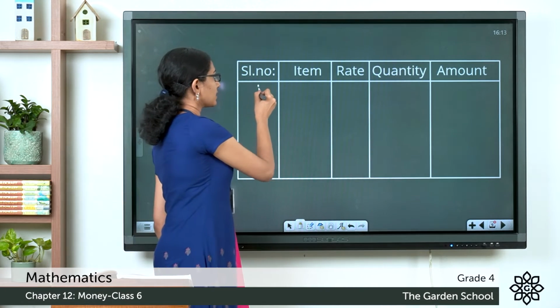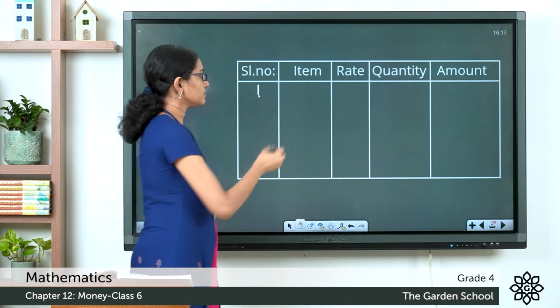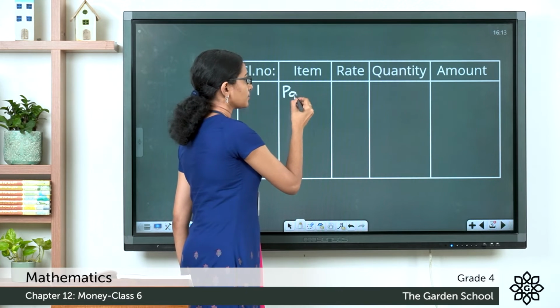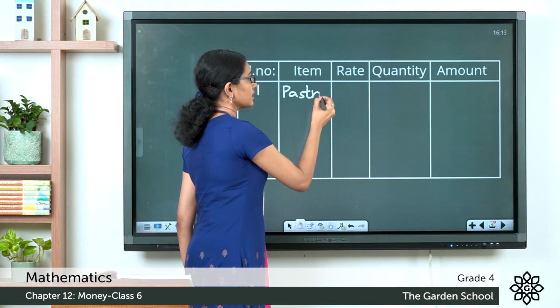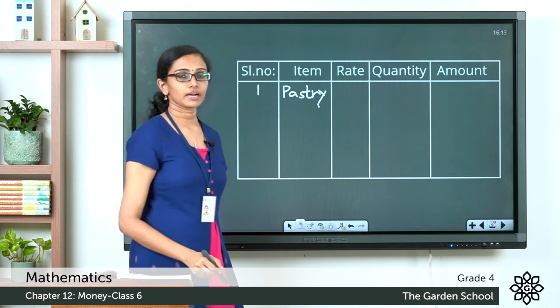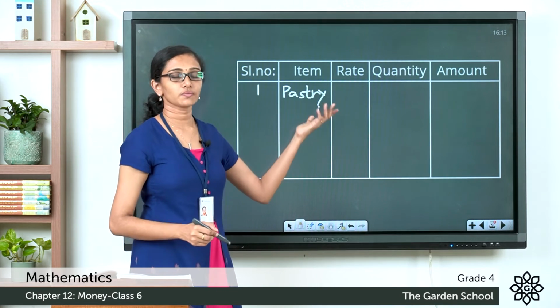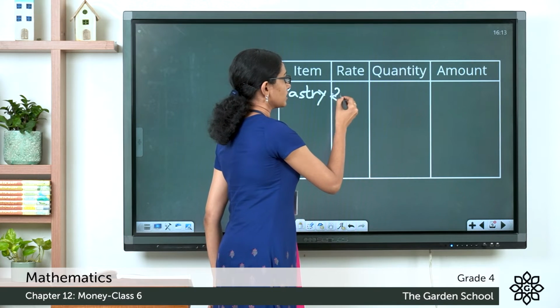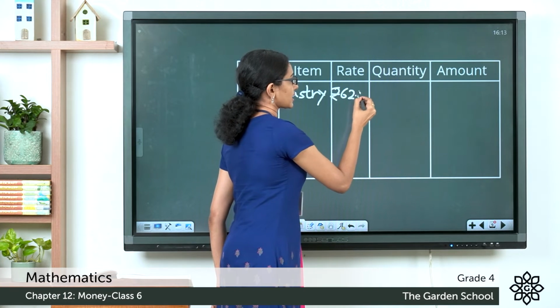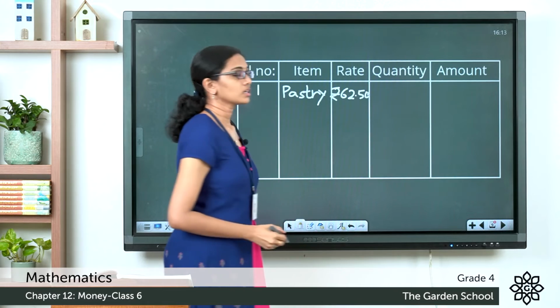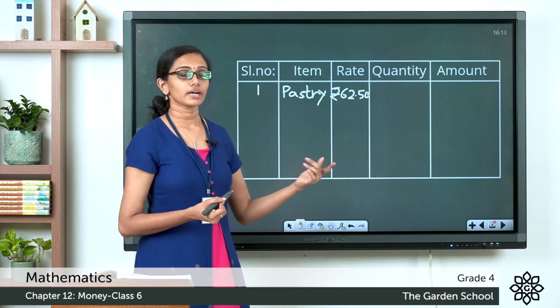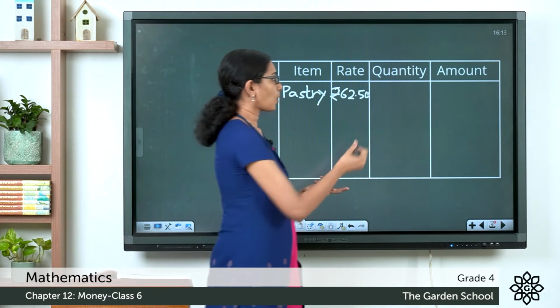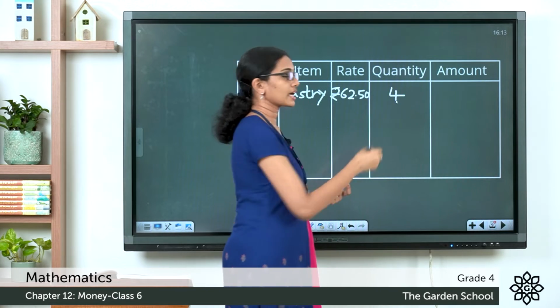So let's put the serial number 1, then the name of the item, pastry, then the rate per item, or the cost of 1 unit of that item, and it is given here as 62 rupee 50 paise. So let's write it here, and the quantity we need, or the required number of pastries, is 4. So in the quantity column we'll write 4.